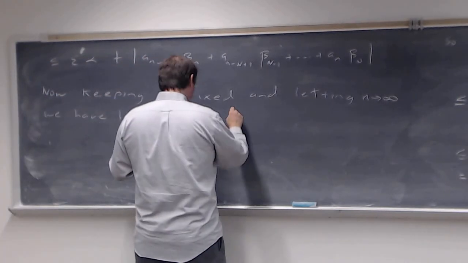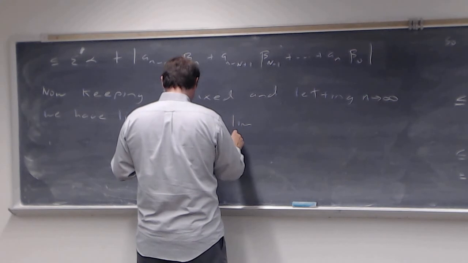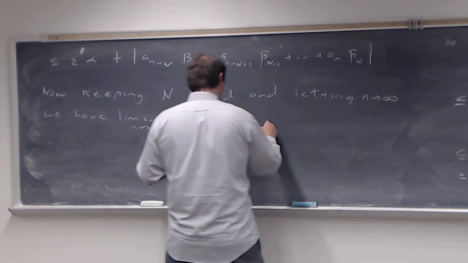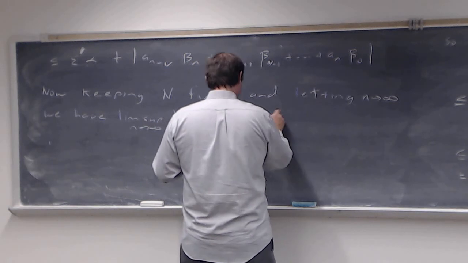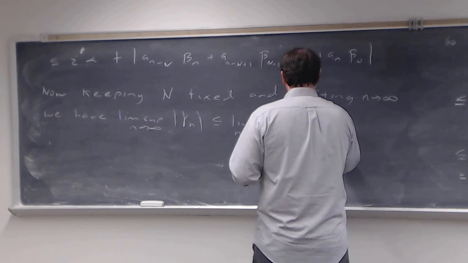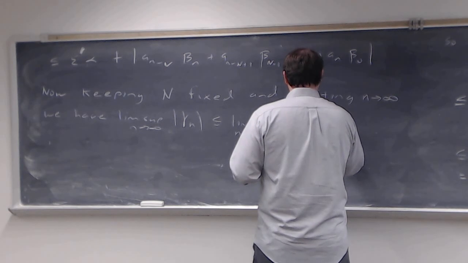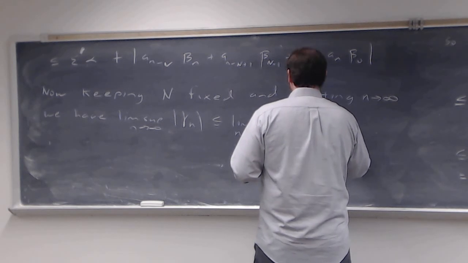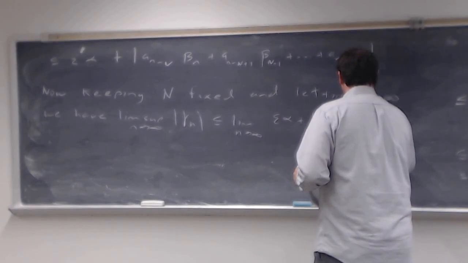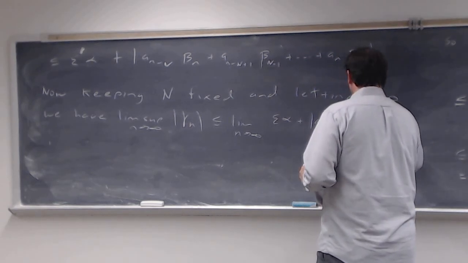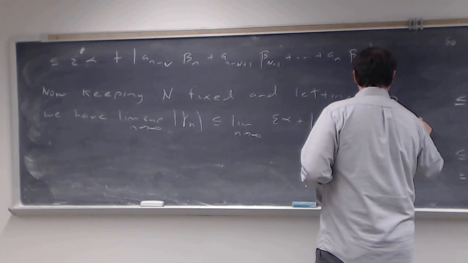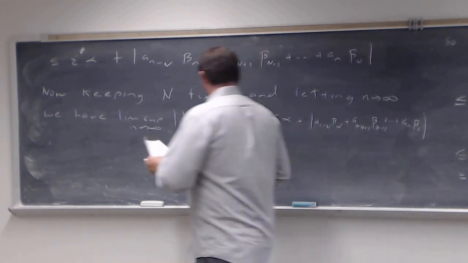It is less than or equal to the lim sup as n goes to infinity of epsilon times alpha plus this quantity right here, the a sub n minus big N beta sub big N plus a sub little n minus big N plus 1 beta sub big N minus 1 all the way up to adding a sub n beta sub 0.